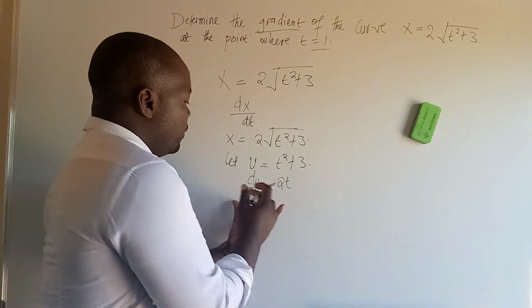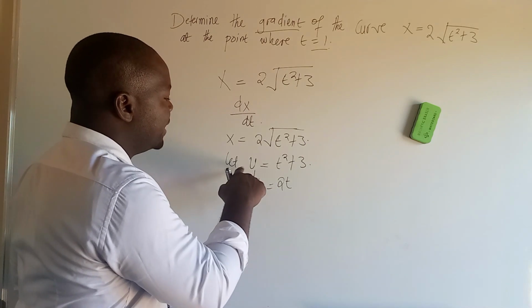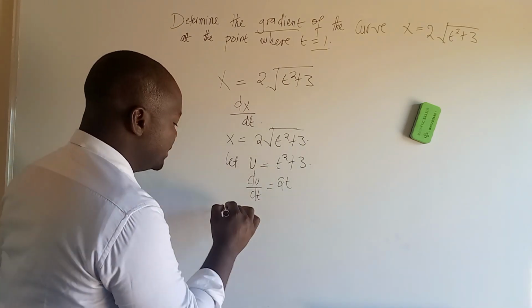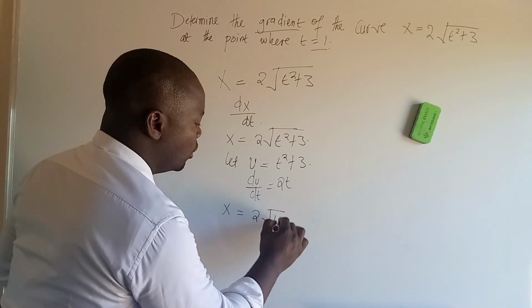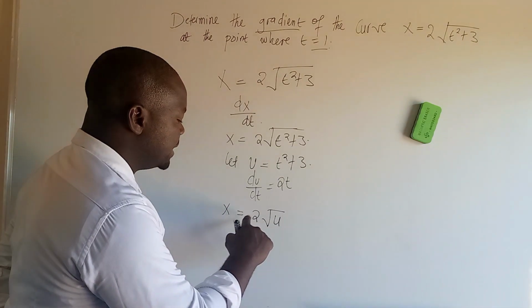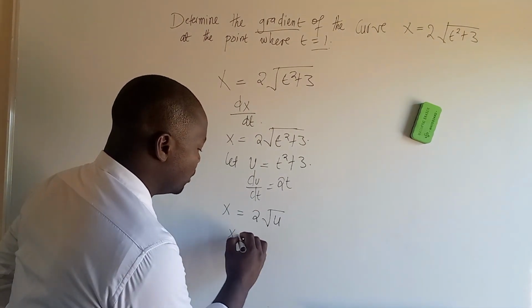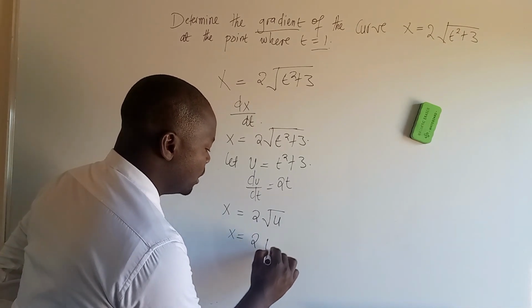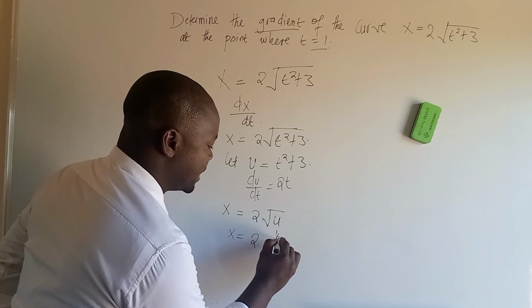So we know the value of du over dt. Now remember that we let u be this. So this simply means that x is equal to 2 root of u. We can also write it as 2 times u raised to the power half.